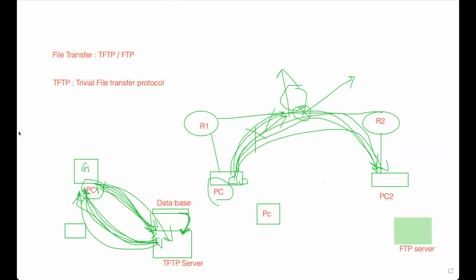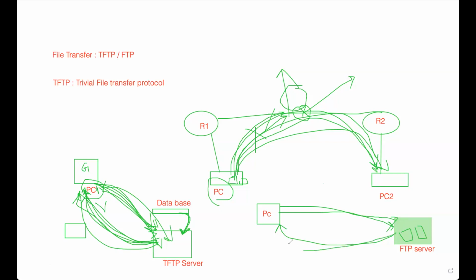In this case, let's say you want to get a file, you will send the GET request, but you want to have bulk files. Let's say you have like 10 files. You will send a list of 10 files, and you will get bulk files in a single go, because FTP can handle larger transactions, unlike the TFTP.